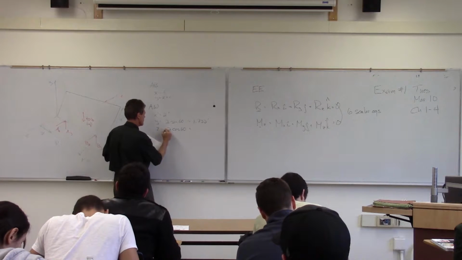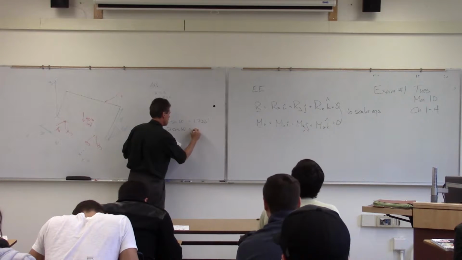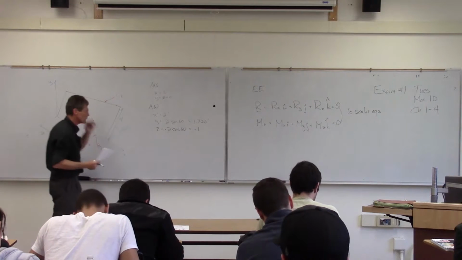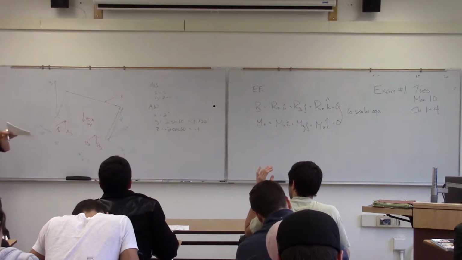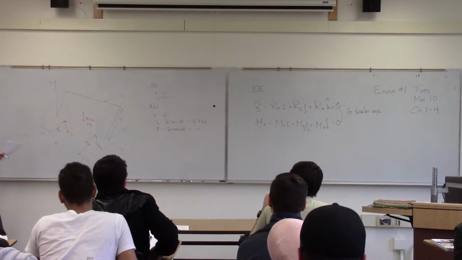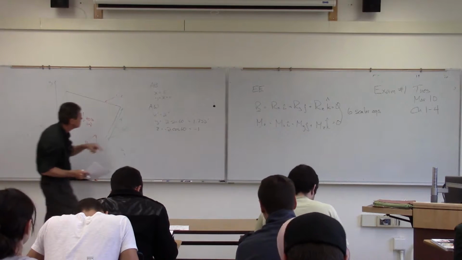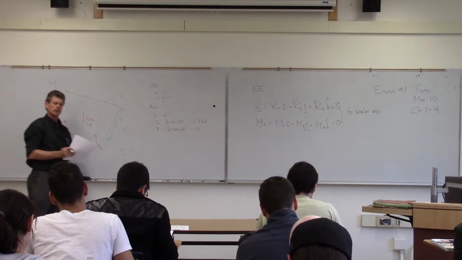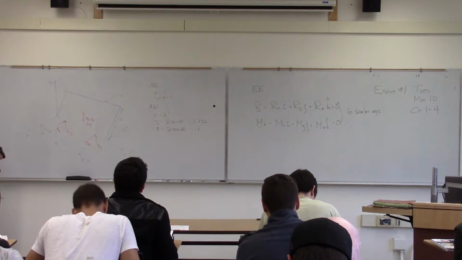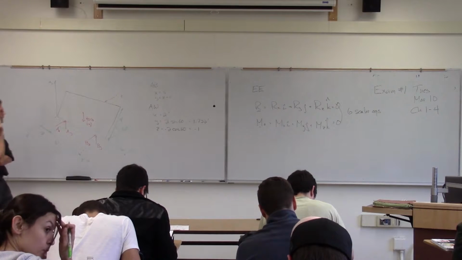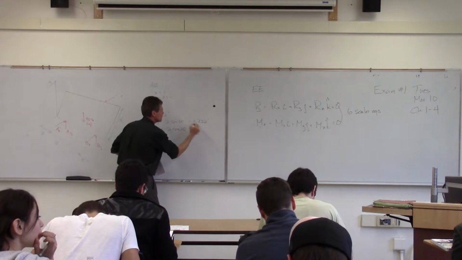And actually, it'll be minus that, right? The nice thing about cosine 60 is it's going to be 0.5. Sure. Oh, x in feet. Sorry about that. X. I forgot to put the prime there.